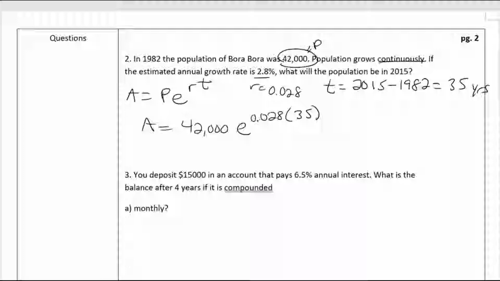You can do this on a scientific calculator, which has a dedicated function for this, or you can type it in on the computer and it'll calculate it for you. If you do this, you get 105,813 people.